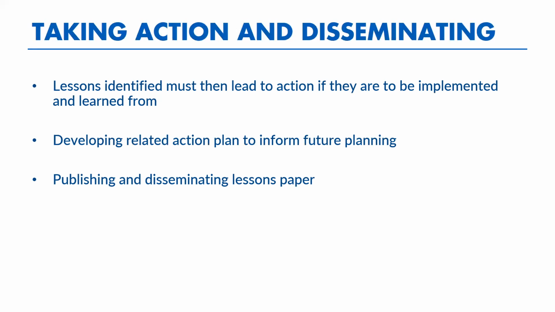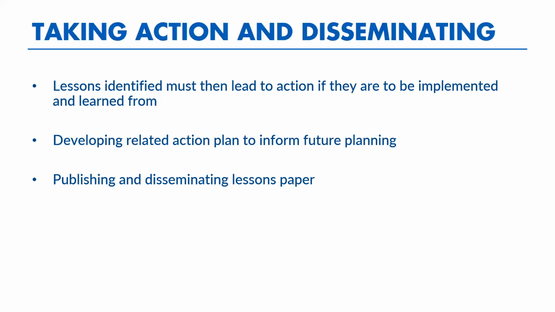So some of the key points here include, what were the lessons identified? They must lead to action if they are to be implemented and learned from. So in order for this to be a valuable process, something that yields improvements in program implementation, they need to be shared, and they need to be followed up. So there needs to be an action plan connected to any sort of lessons learned documentation that you produce. I mean, producing the analysis and the lessons learned is the first step. The final and more important step is to identify what actions need to be taken.